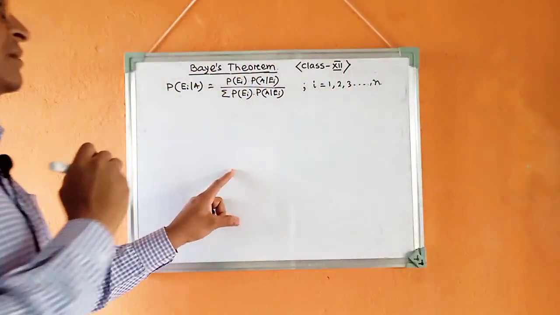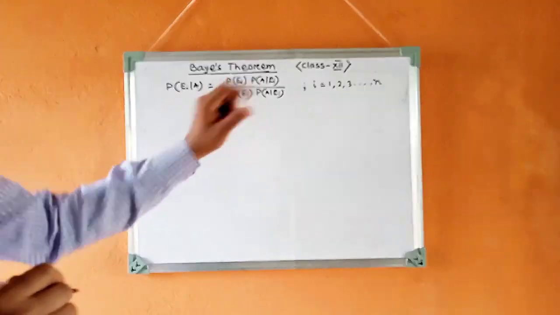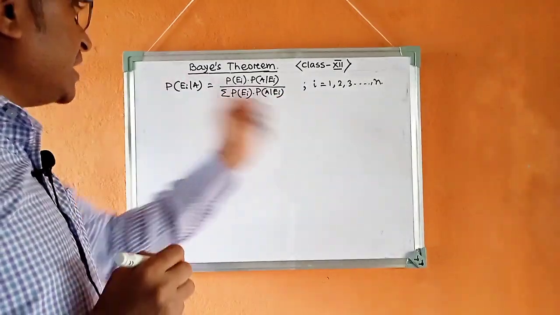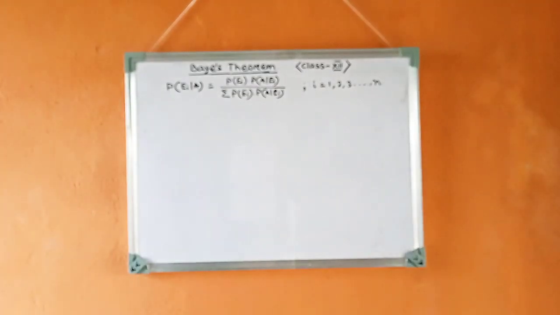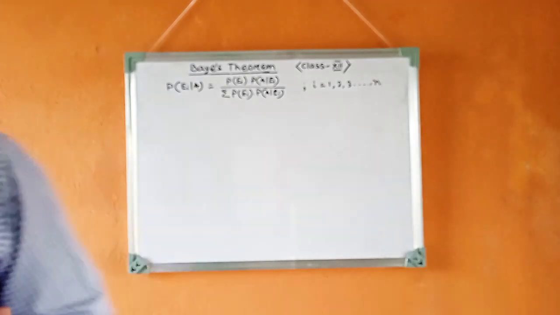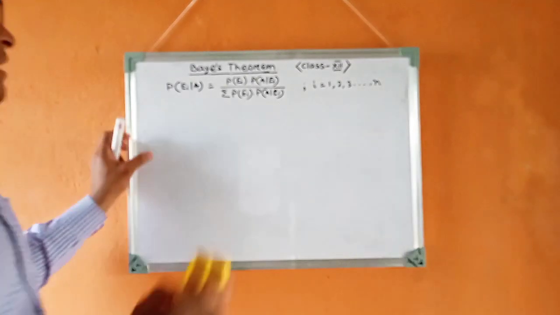This is the basic explanation of Bayes theorem. Now, let's give some examples. With examples, you will understand better.